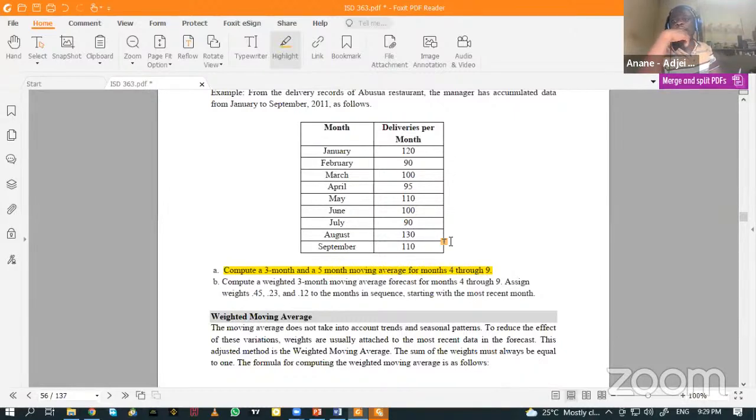So if it is 3 months moving average, what it means is that, I'm trying to check if I can write on this page. Okay, I can't write on this page.